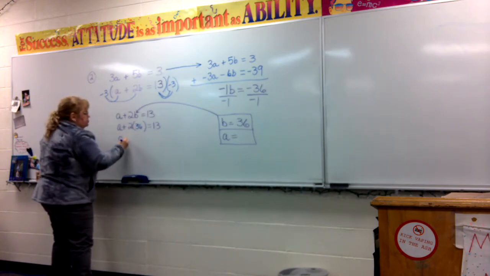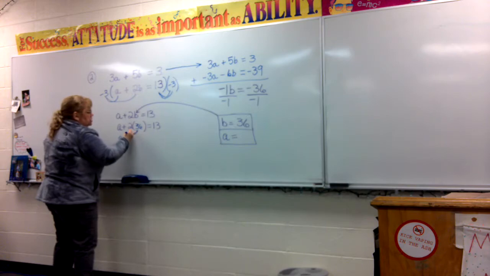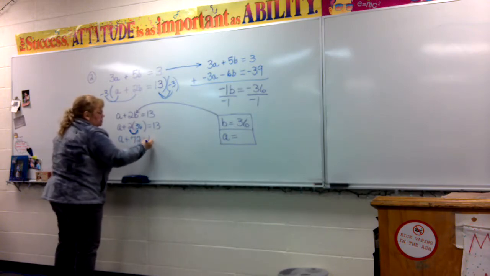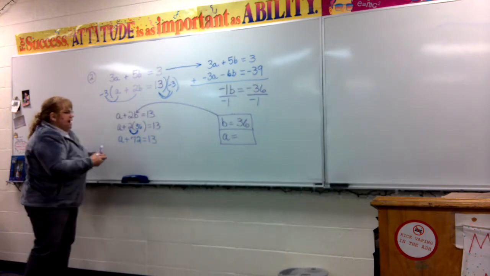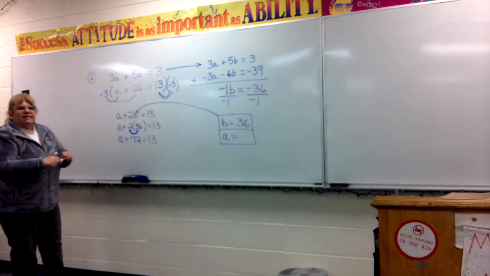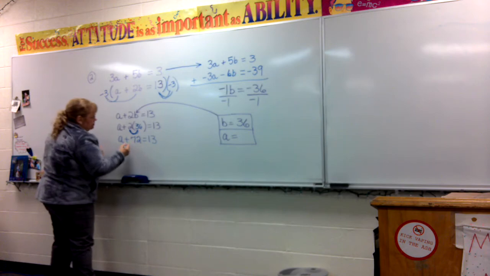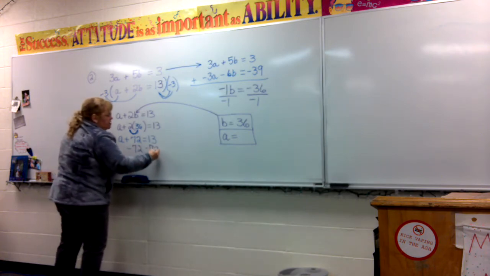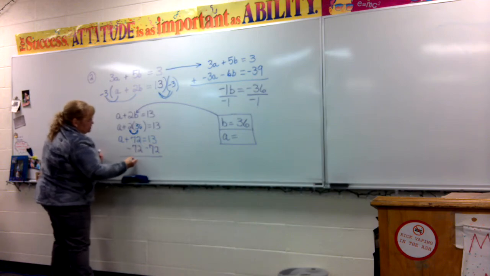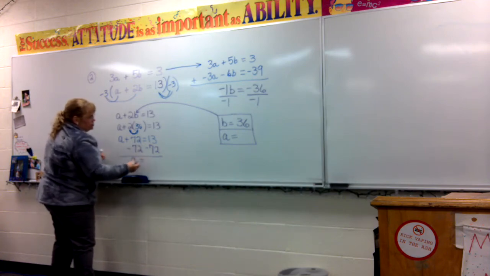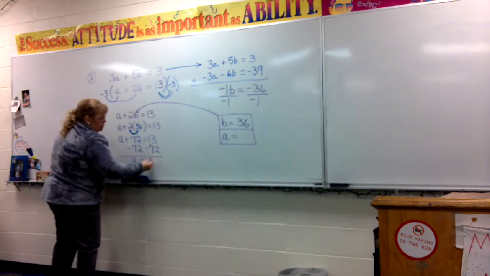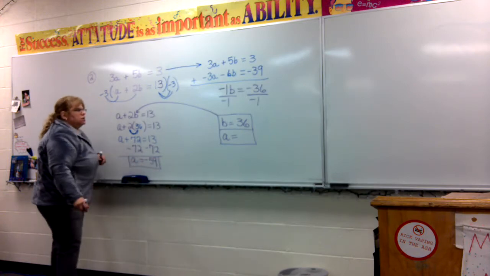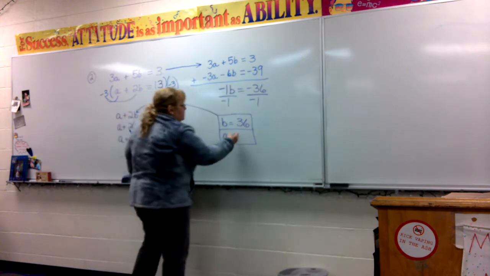So a plus, is that 72? How would you get a by itself? You have to get rid of the plus 72. Oh my. And then you think you did something wrong because you get a equals -59. Yeah. So a is -59.